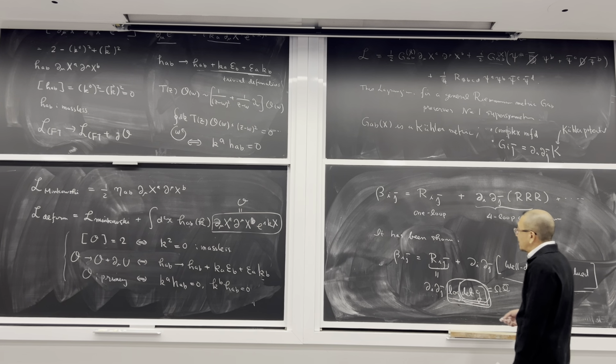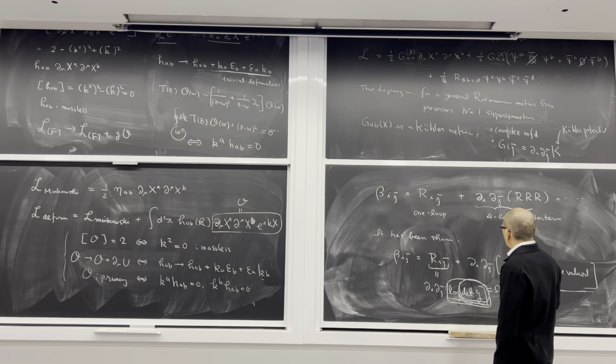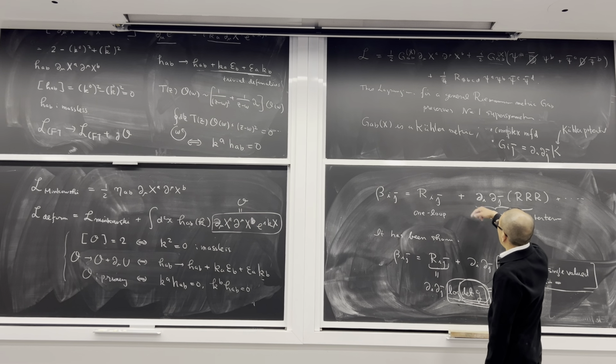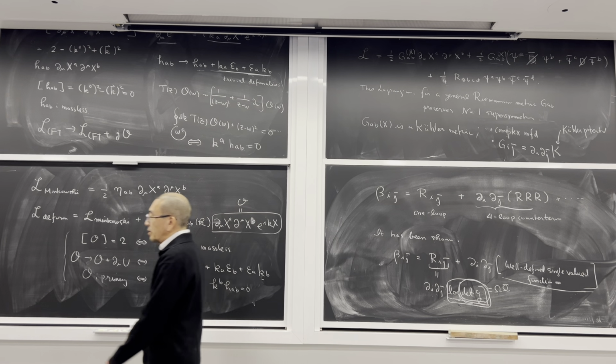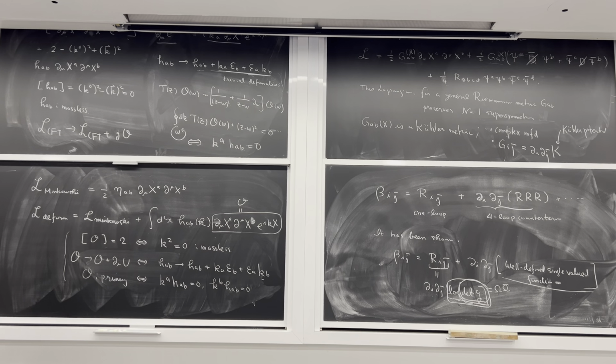So what it means is that in general, if you calculate the higher-loop amplitude, then the metric itself has to be renormalized order by order. So you don't know exactly what the metric in target space is which gives you exactly the conformal invariance of the sigma model right on the nose.